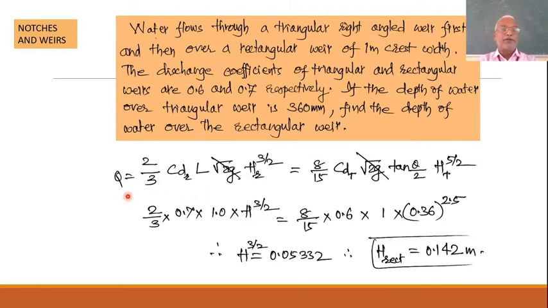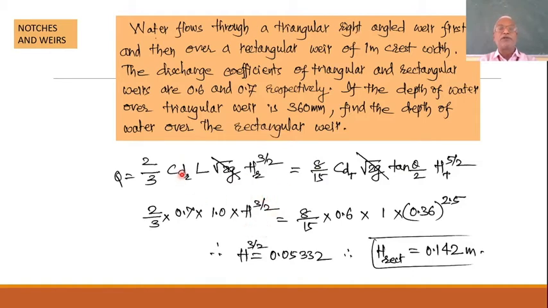What you have to do here is equate the discharge over the rectangular notch to the discharge over the triangular notch. Expression for the rectangular notch has CD with suffix R, the rectangular coefficient, and head over the rectangular notch. Here CD with suffix T is the coefficient of discharge for the triangular notch, and head over the triangular notch. If you substitute, the only unknown is the head over the rectangular notch.